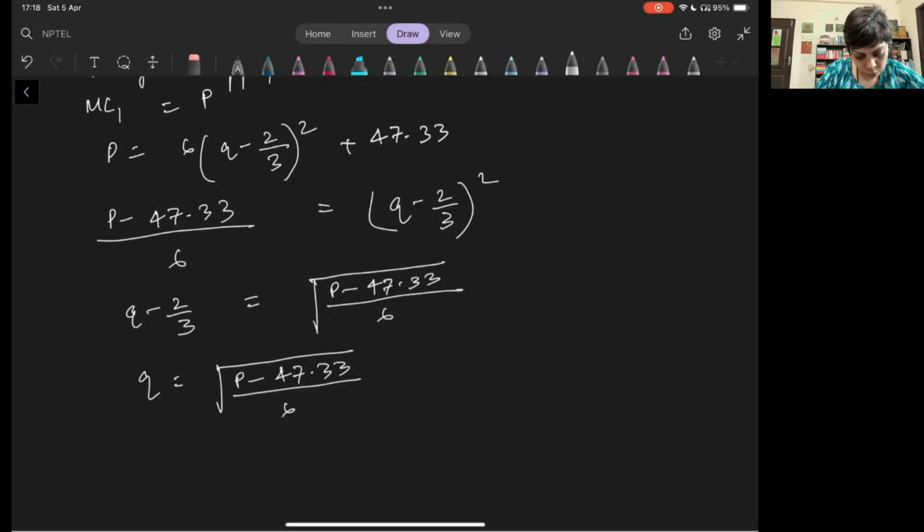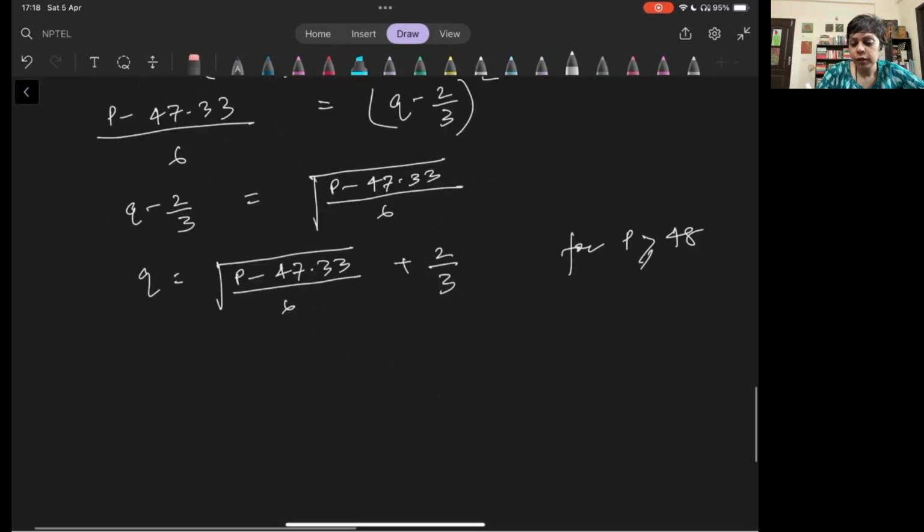This holds for P greater than or equal to 48. This condition is not there in the question, but you should still remember it.